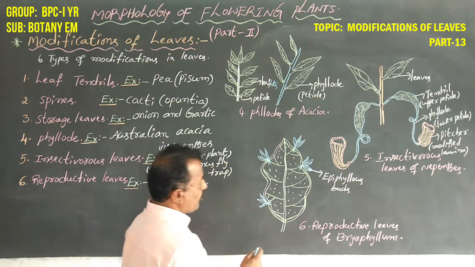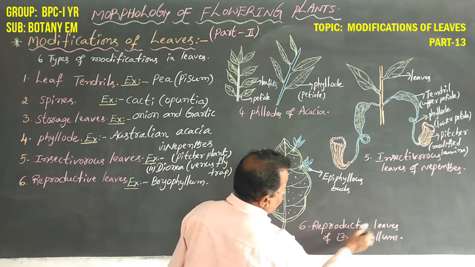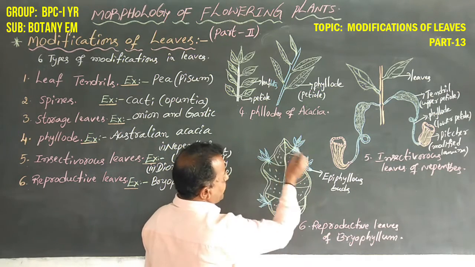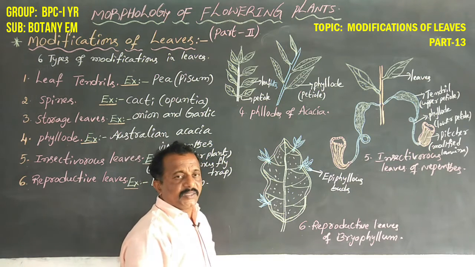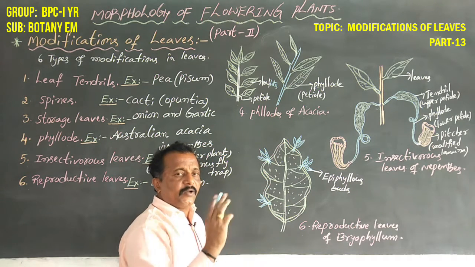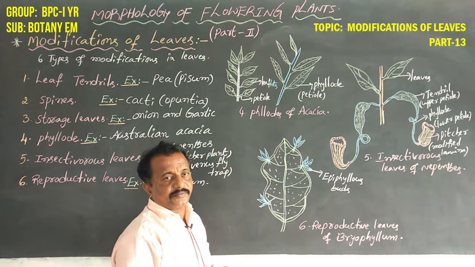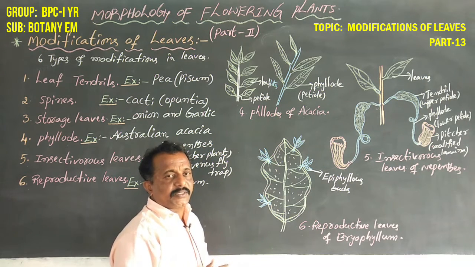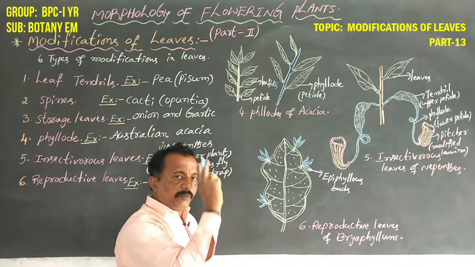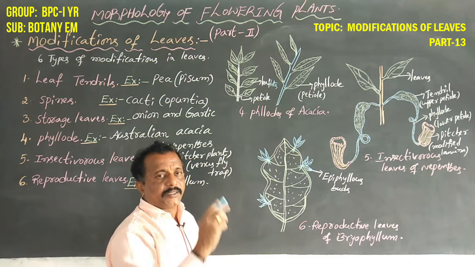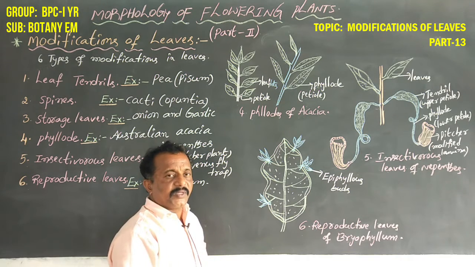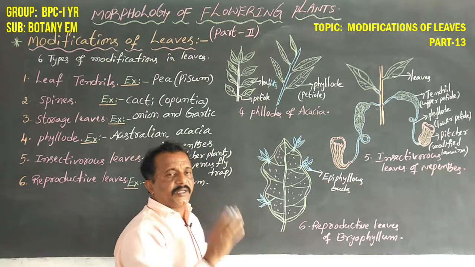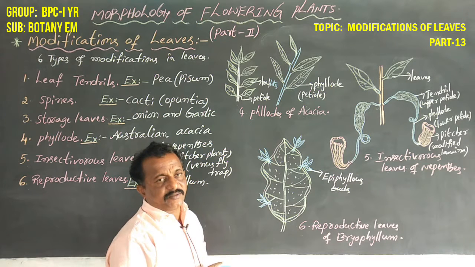Now coming to the last one, reproductive leaves of Bryophyllum. Dear students, this is the reproductive leaf of Bryophyllum. Generally, buds are developed on the stem, that is, at the terminal part of the stem or branches. Buds always bear at the node of the stems.